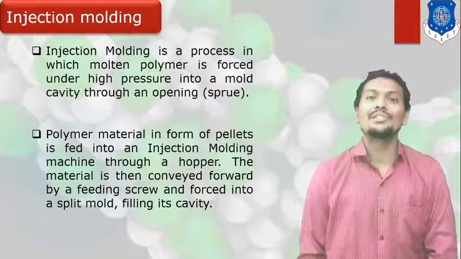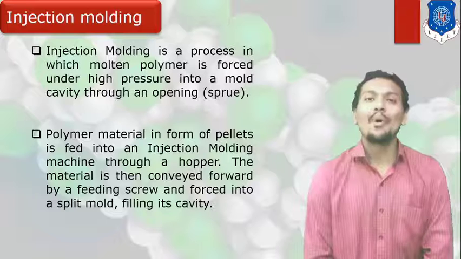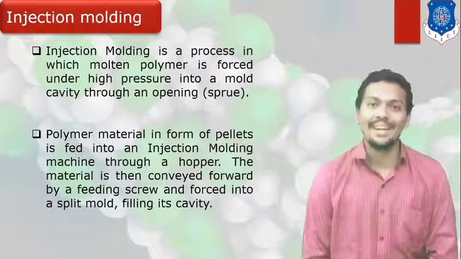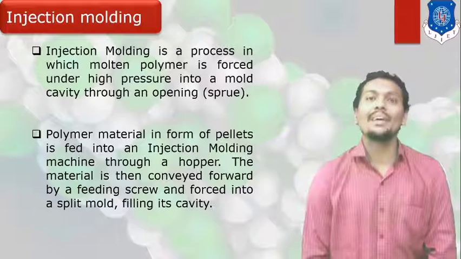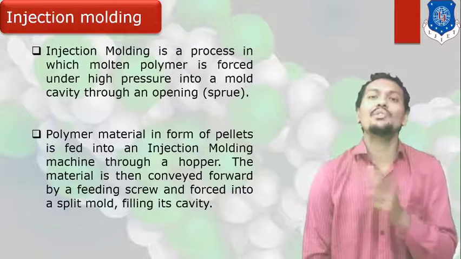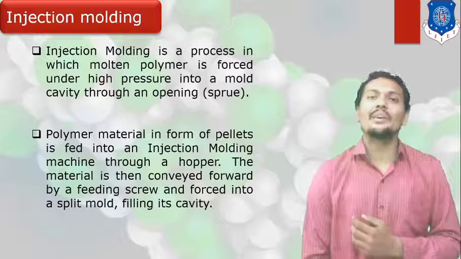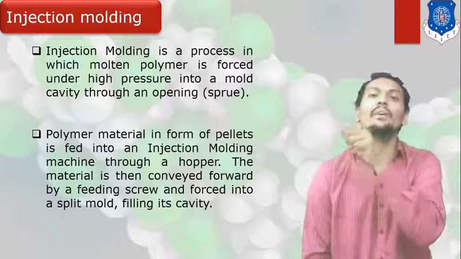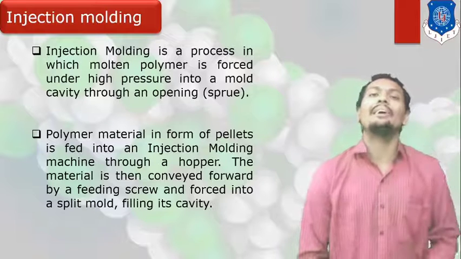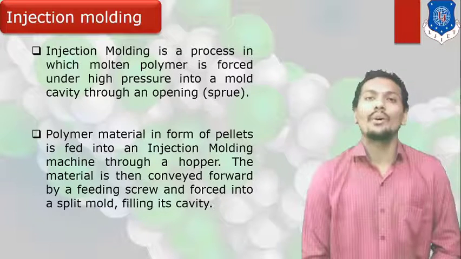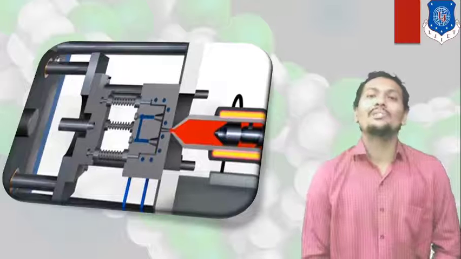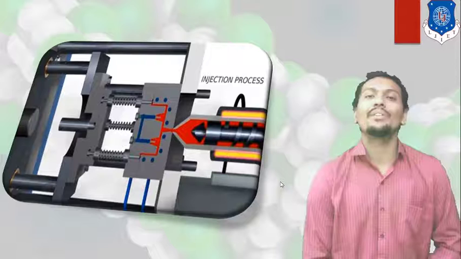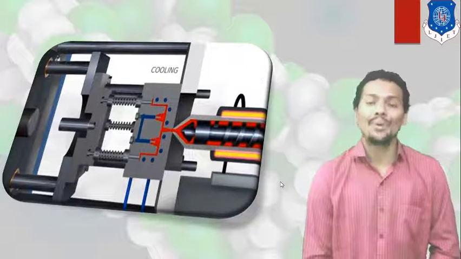So here I mentioned the different important points regarding the injection molding, right? In the injection molding, your purpose is to heat up the plastic, convert it into flowing or liquid plastic, then fill the mold or cavity according to your product requirement. Here I mentioned one important video for the injection molding process.